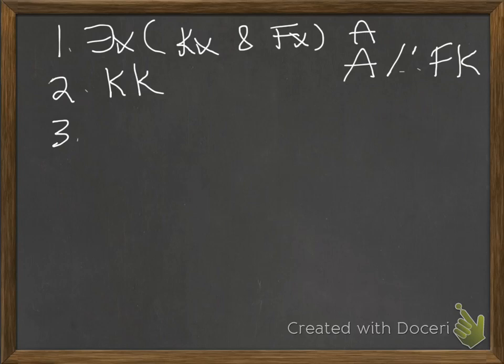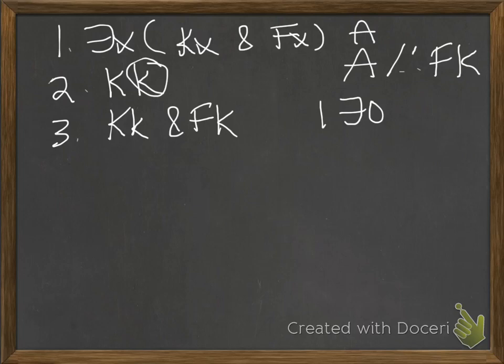So if we have the restriction on the instantiation of the existential formula, then we can't use K. We can't say Kk and Fk by one existential out, because we've already used K in our argument.